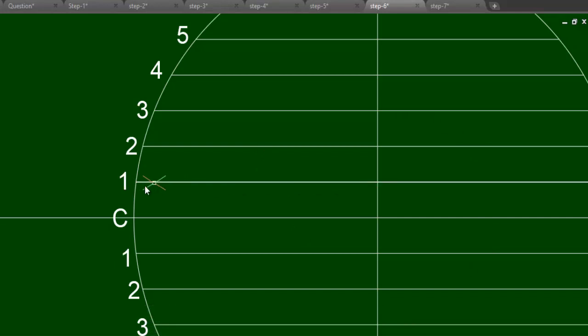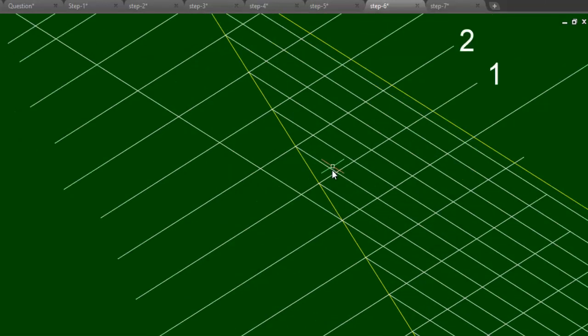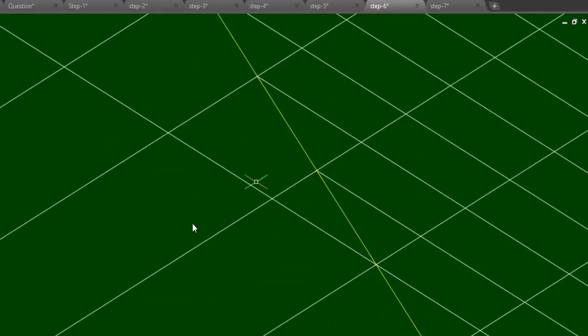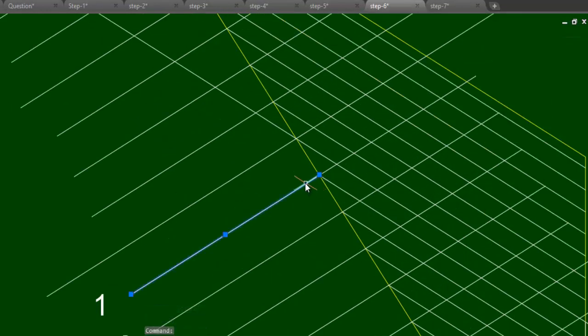You take that compass distance and go to line 1, keep the compass here and cut on both the sides for line 1. By keeping the compass here, cut on both the sides, and do it simultaneously for this line also, because it will be symmetric.